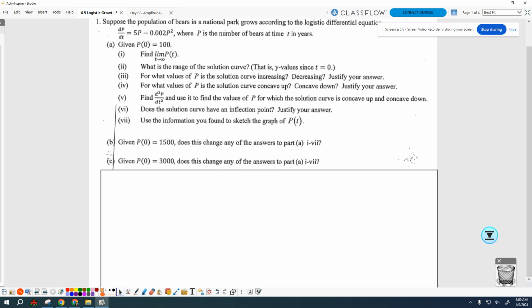In part C, we find them at 3,000 bears. What's that mean? Overmax. So it's overpopulation, and what's happening to the bears? They're killing each other.